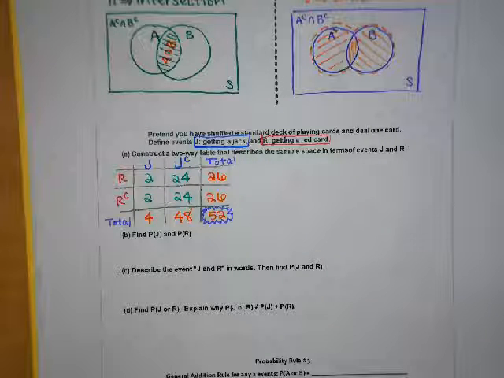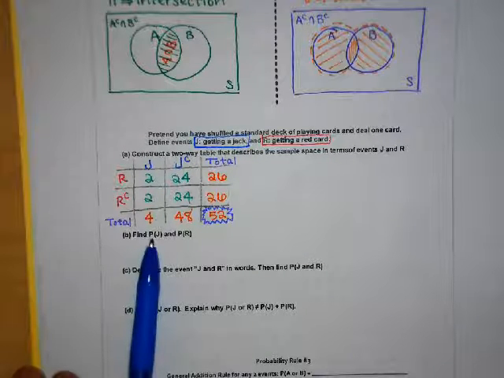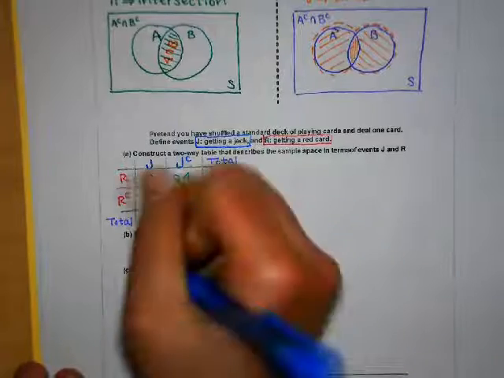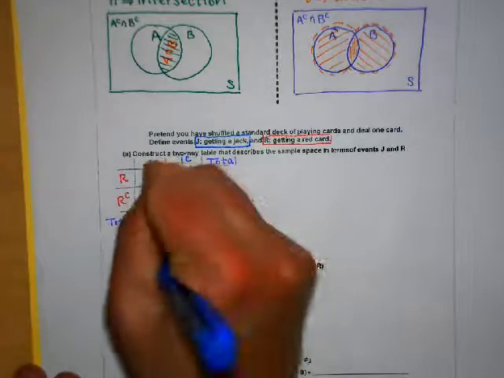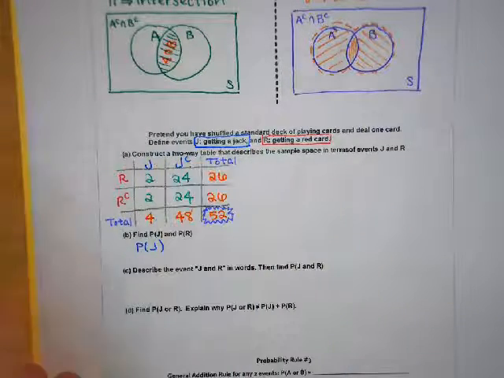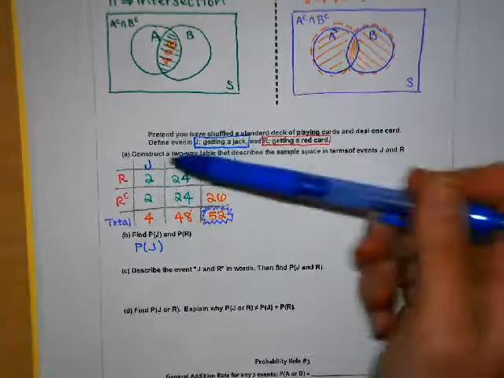The first one says find P of J and P of R. So probability of J. I'm going to look at my total divided by my grand total.